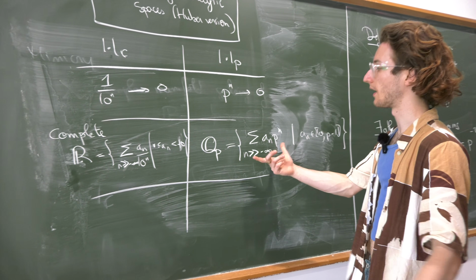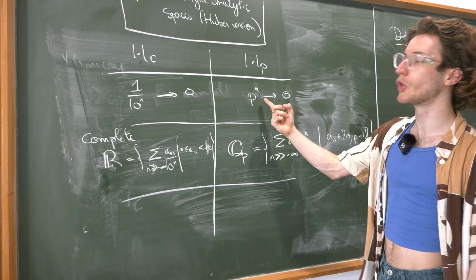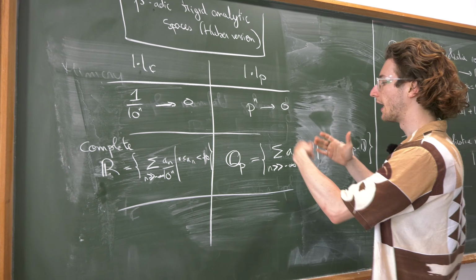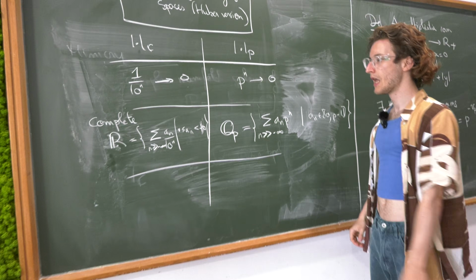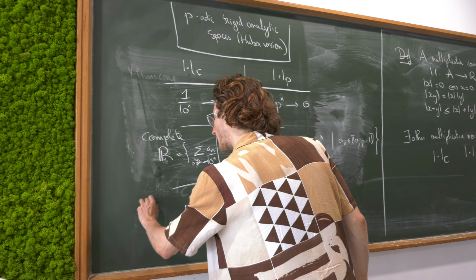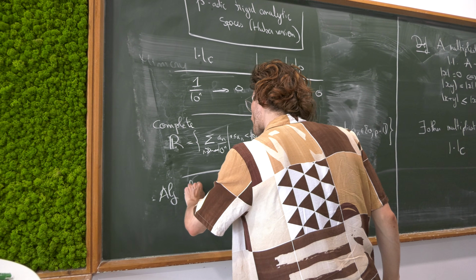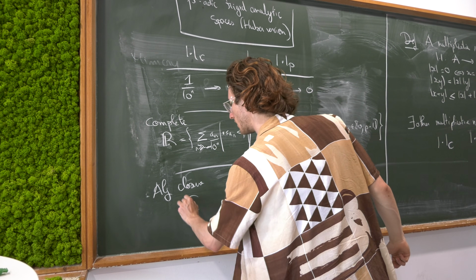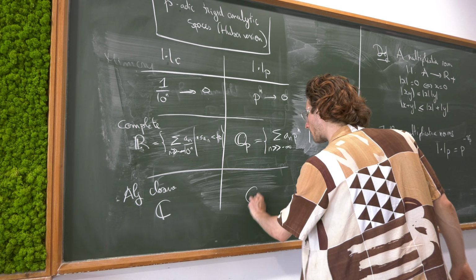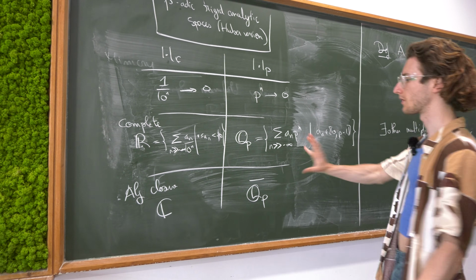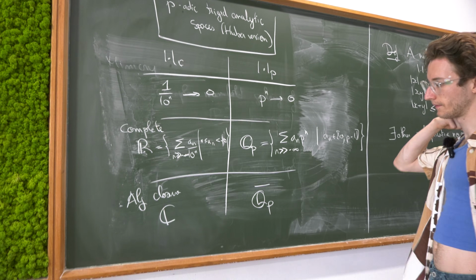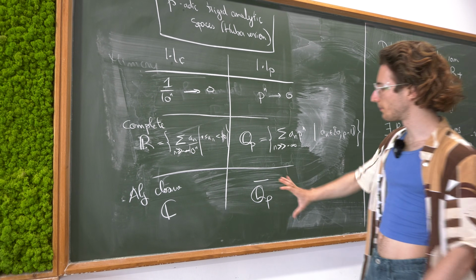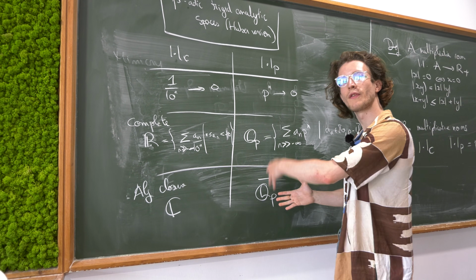Again, the truncations of this series are Cauchy for this strange norm, so in Q_p, the infinite series must exist. And then the last part is to take the algebraic closure. For R you obtain the complex numbers, and here you obtain something I will call Q_p bar without more explanation. For the complex numbers, you just needed to add one number, right? But then the problem is that it's infinite over Q_p.